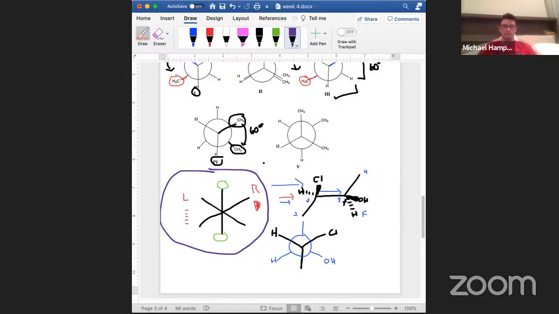The rule of thumb would not remain the same, Jamara, for the reverse, which makes sense, right? Because if you're looking from the opposite direction, this OH, what's wedged, is on your left.